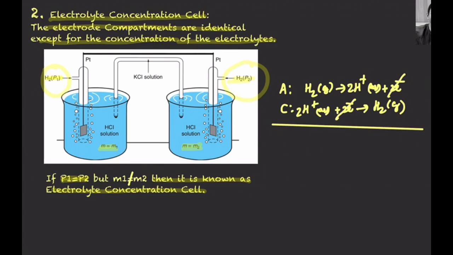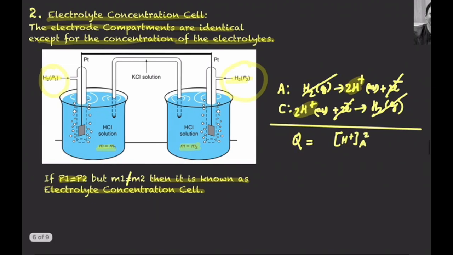Here the pressure of hydrogen gas on the left hand side and right hand side is equal, so that cancels out. So the reaction quotient is equal to the concentration of H plus ion in the anodic compartment whole square upon the concentration of H plus ion in the cathodic compartment whole square, since H plus ion is on the right hand side in the anodic compartment and the left hand side in the cathodic compartment.